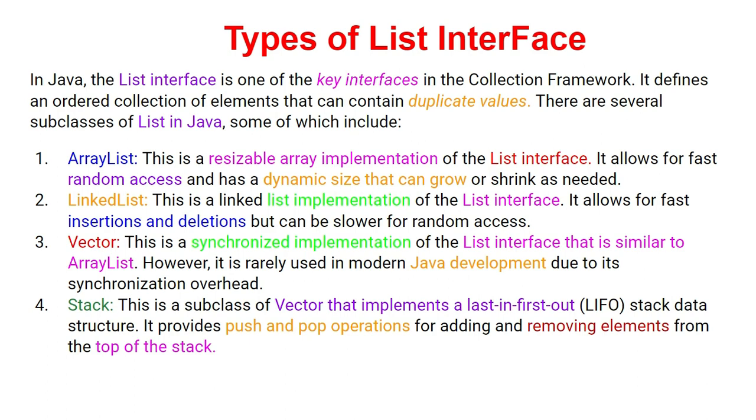But the difference is that linked list allows fast insertion and deletions. Let me open it. Okay, let me go here. If you see here, it's clearly mentioned: list interface, it allows fast insertion and deletions, but can be slower for random access.